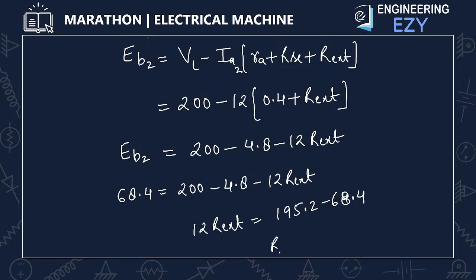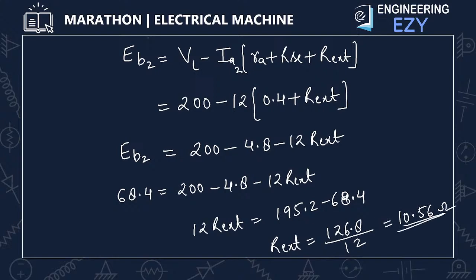So if you solve, it is 126.8 divided by 12. The calculation is so easy. Divided by 12, I am getting 10.56. 10.56 ohm is the correct answer.